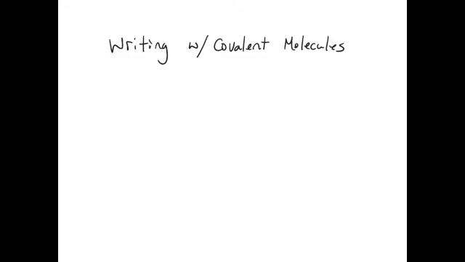Now that takes care of naming with covalent molecules, but how do you write them? This slide is going to cover writing with covalent molecules. So in these examples, you'll be given the name and you'll be asked to write out the formula. Now what's nice about covalent molecules is that there are no charges to balance. Unlike ionic, where you need to show your work, write out the ions, write out their charges, and make sure that when the two ions combine the charges balance.